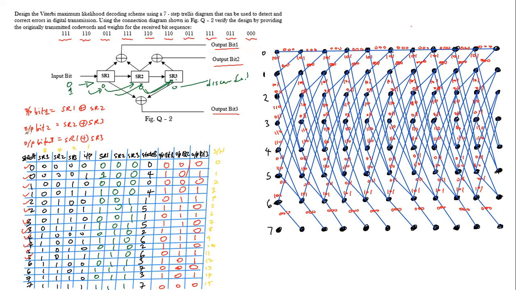So the final state will be 7 to 3 and 7 to 7.